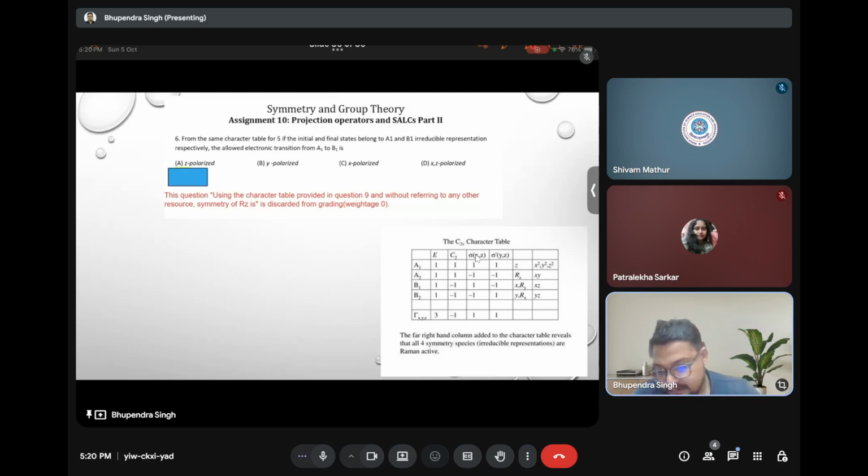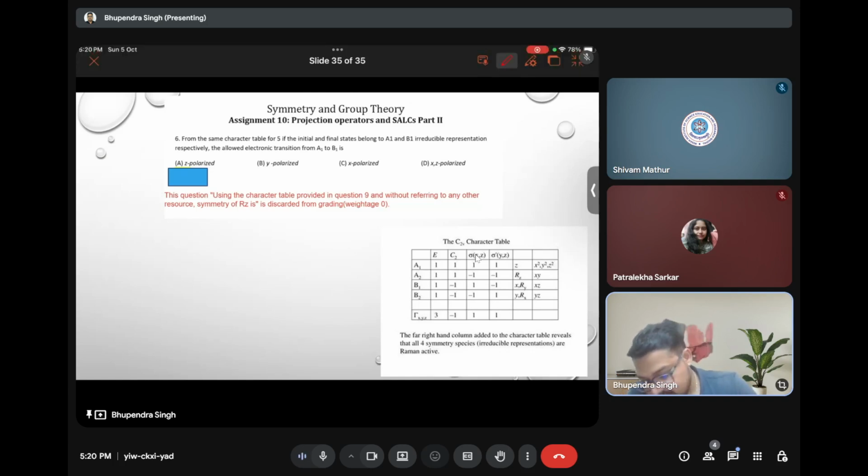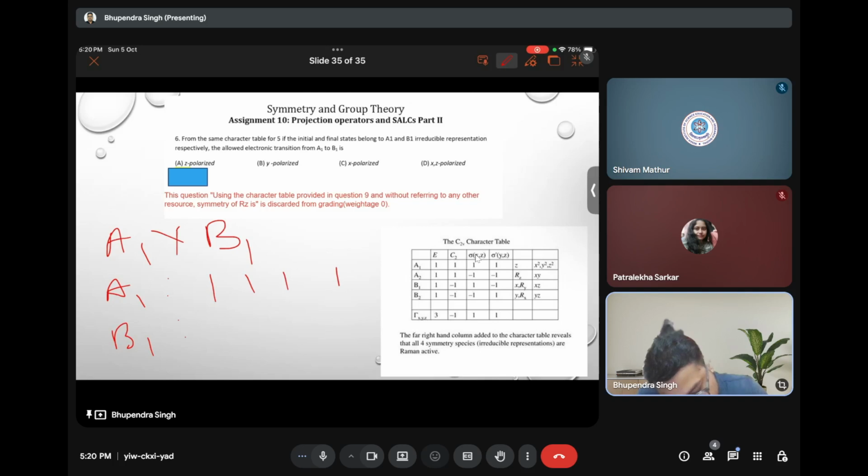So for this we need only the cross multiplication of A1 and B1. So A1 is 1 1 1 1 and B1 is 1 minus 1 1 minus 1.